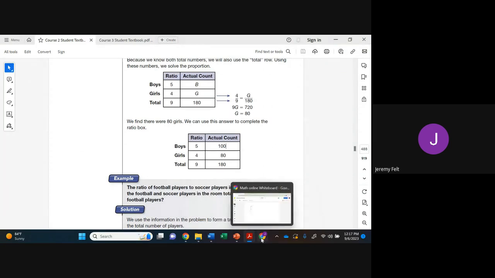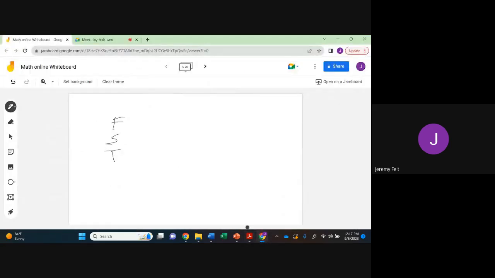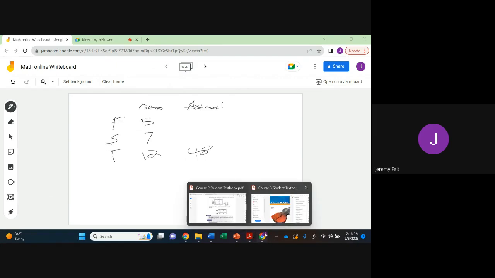Football to soccer was 5-7. And we can add those to get our total, 5 plus 7. So this is our ratio. Actual count, we were told there was 48 total athletes in the room or whatever.